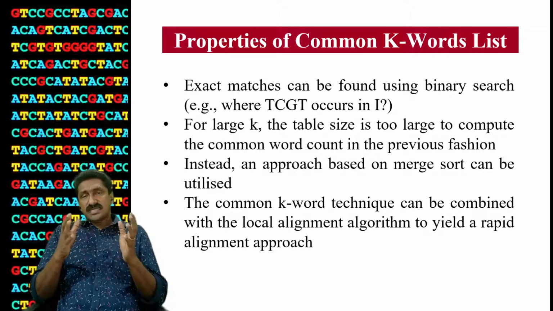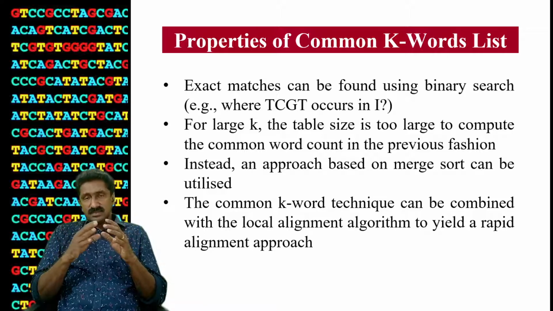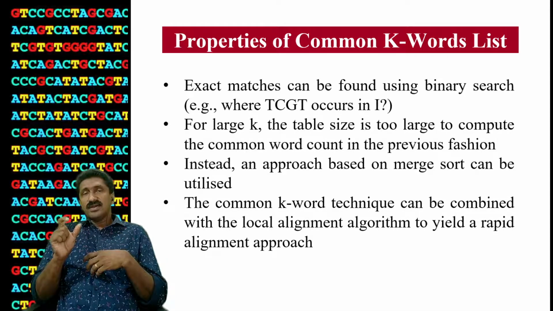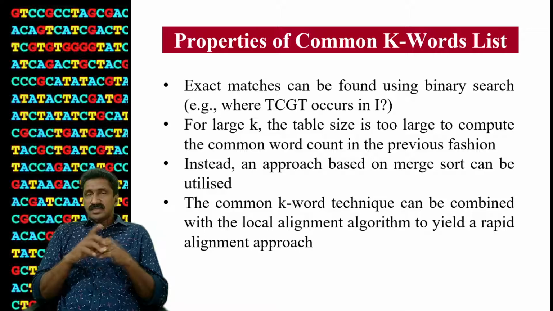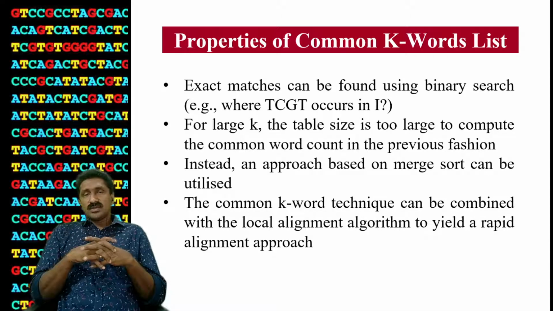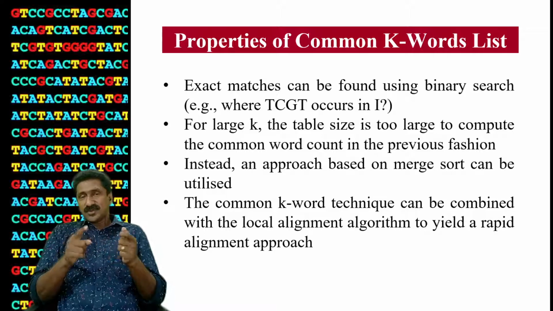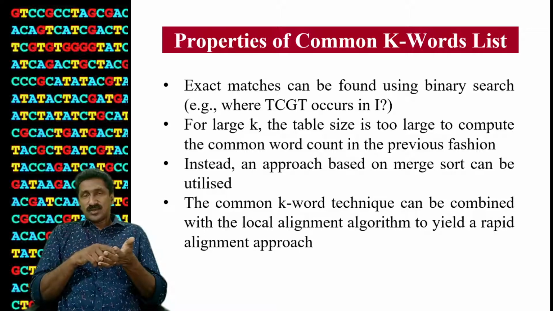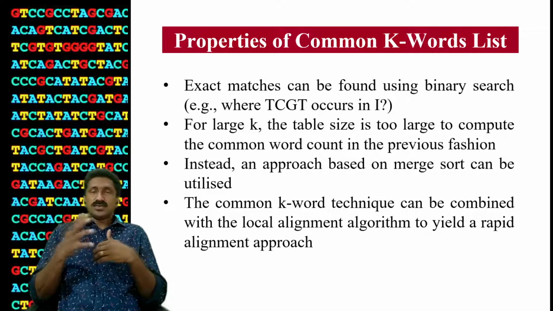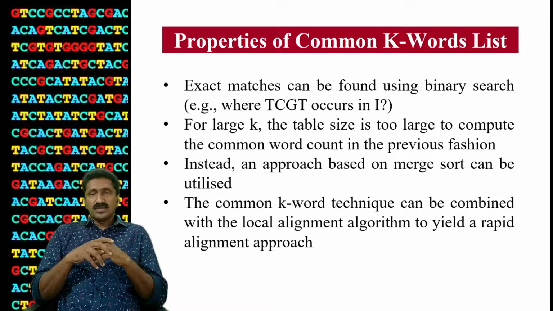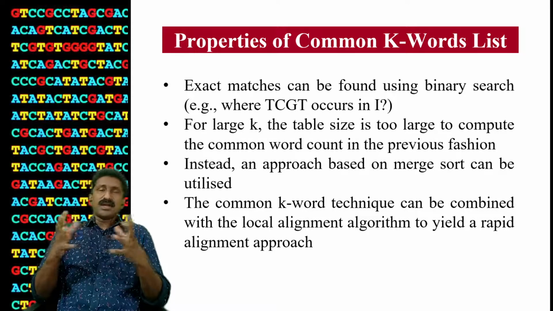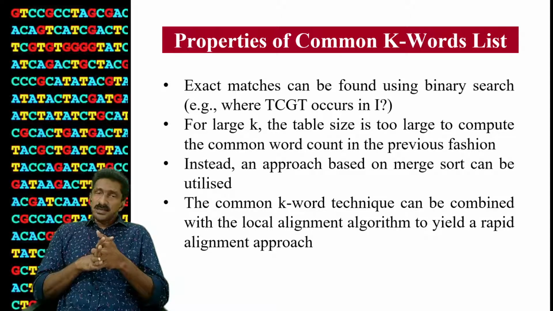For longer K words, large K means the length of the word will be higher, and the table size is too large to compute the common word count in the previous fashion. So if you are looking for a K of 200 or 300, it will be too difficult to compute. Usually such extremely large K values are not good.